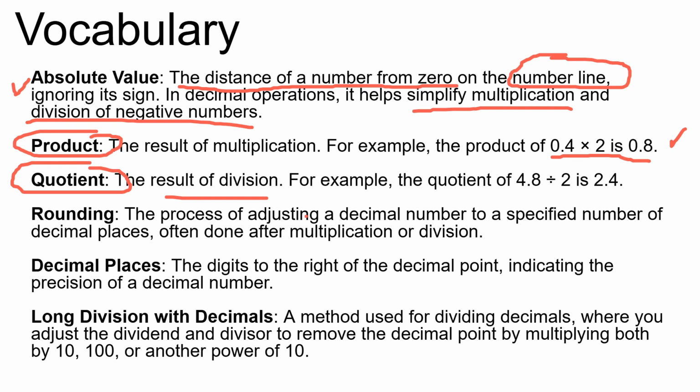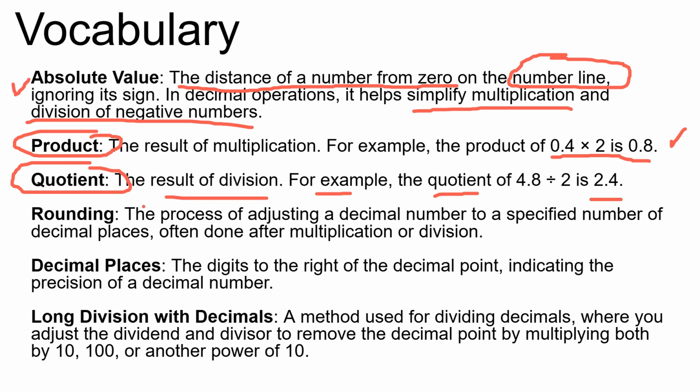For example, the quotient of 4.8 divided by 2 will give us 2.4. So 2.4 is your quotient.